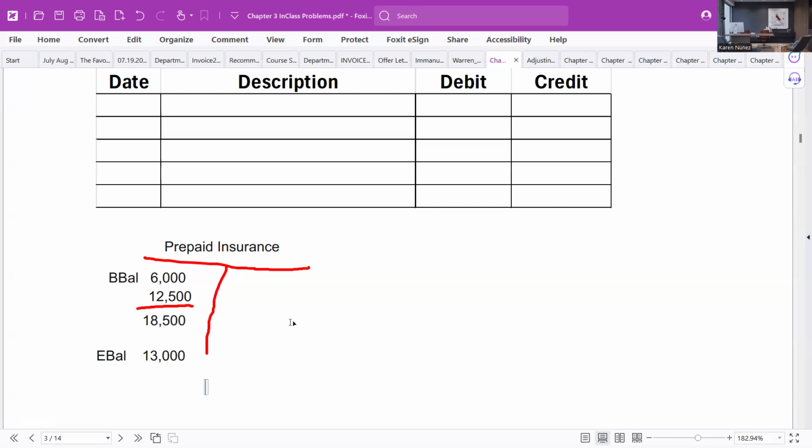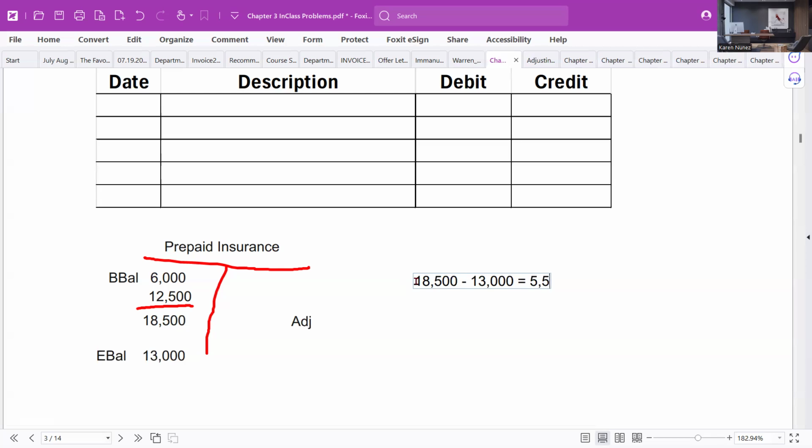We need an adjustment, right? We need to be able to adjust this account. We need an entry over here that will reduce this account from 18,500 to 13,000. So essentially what we're saying is 18,500 minus the 13,000 gives us the amount of our adjustment.